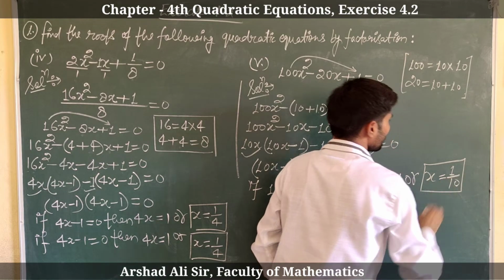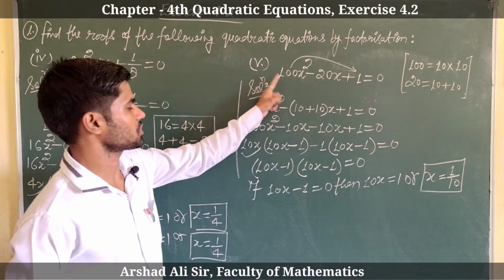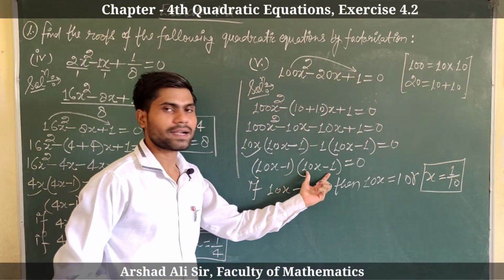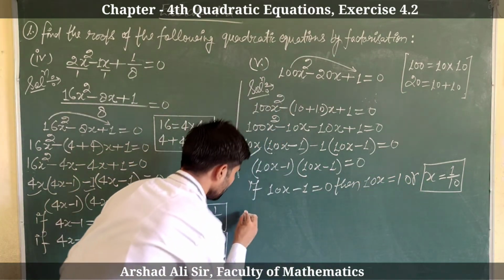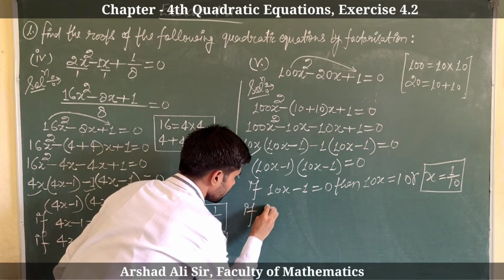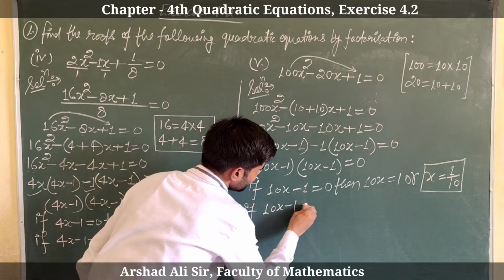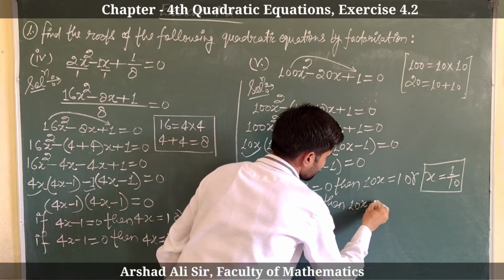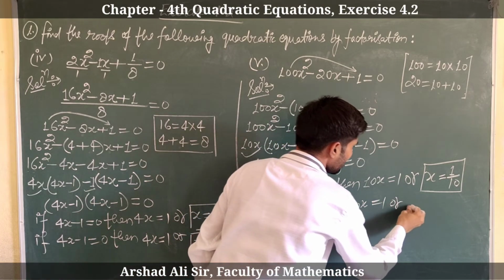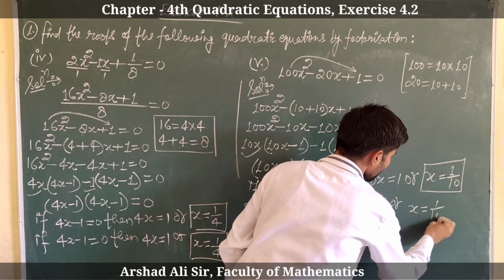This will be a root of the quadratic equation. Now the second factor is same, so we can say that the answer will be same. Here 10x minus 1 is equal to 0, then 10x is equal to 1, or x is equal to 1 by 10.